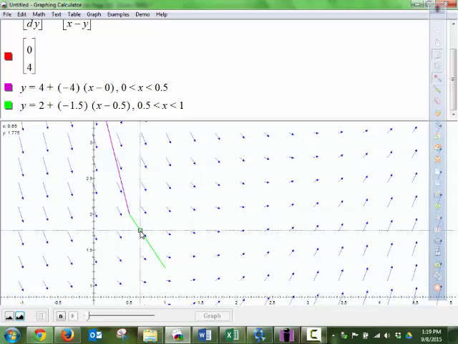Where does this end up? X is equal to 1, y is equal to 1.25. Okay? So now we're going to take it from this point and then find another line to go ahead and do that.